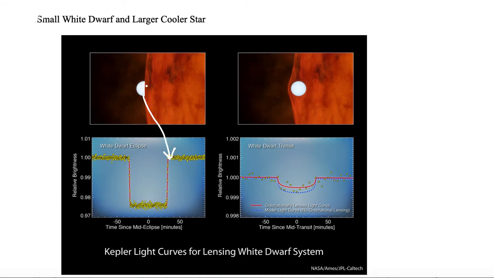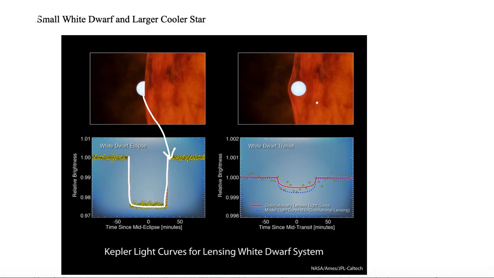Now, when the white dwarf is completely behind the red star, it is being eclipsed, and we have all the light being removed from the white dwarf. And it's a very big dip in the light curve because in this case, the white dwarf is the hotter star, so you're removing more of the light than the red star.